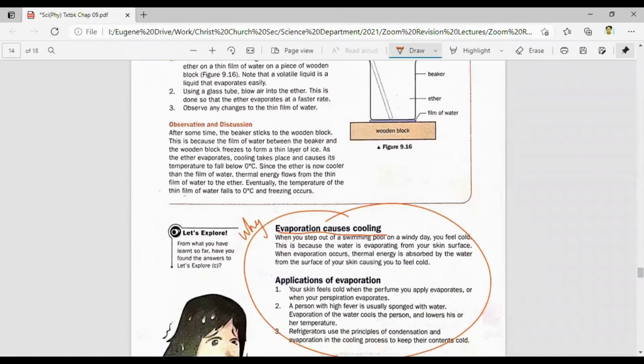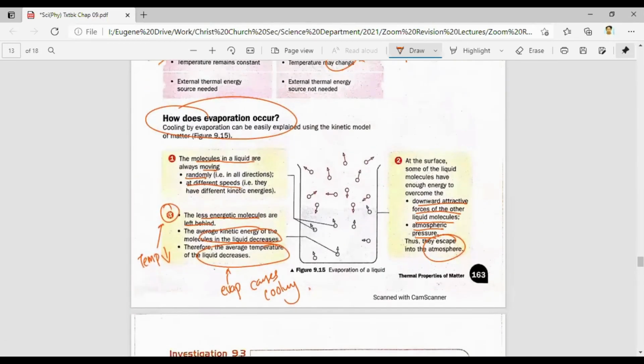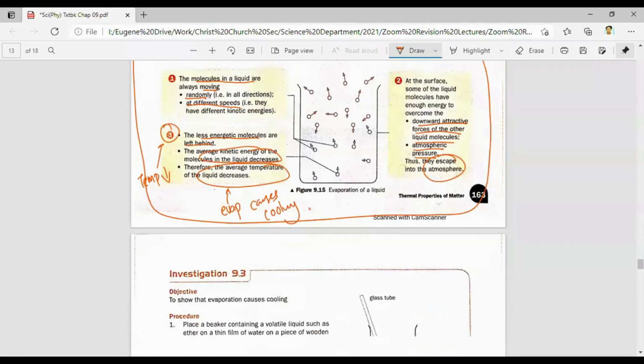It's not really talking about here. All this is just an elaboration on the cooling effect of evaporation. I say again, this part here is an elaboration. It's a further explanation of the effects of the cooling caused by evaporation. But normally what we are requesting you to write is this big chunk of stuff here. So do take note of it.